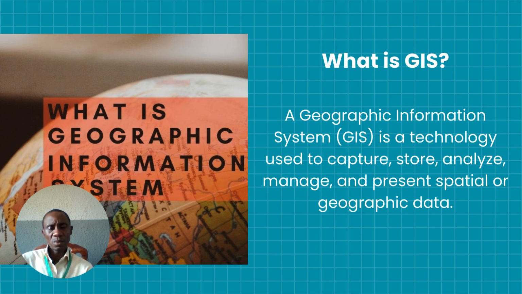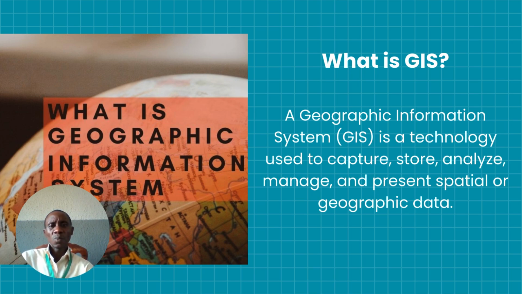We can use it for environmental management, in transportation, managing transportation networks, even in health, to manage outbreaks of diseases. It's used in the military. You can use it even in business, to map out business areas and go for business opportunities.